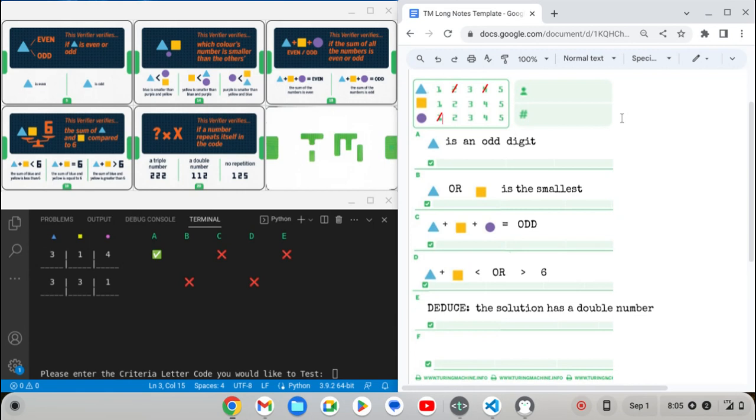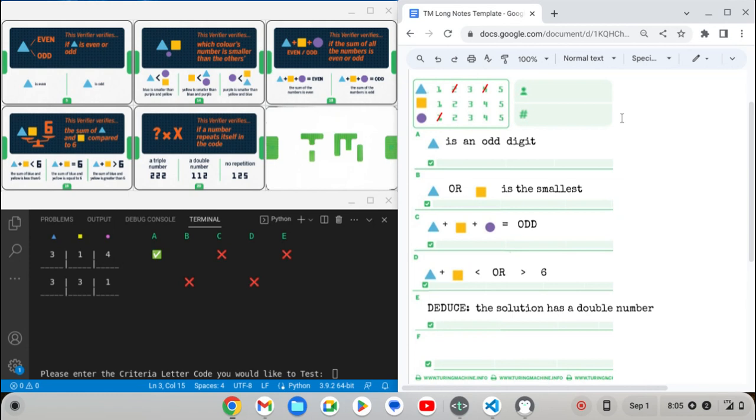There just seems to be too many possibilities. How can we narrow it down? Since circle is not the smallest, it's going to be forced into one of the other values.